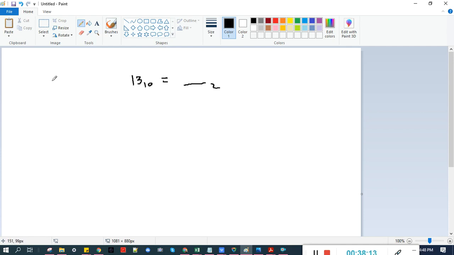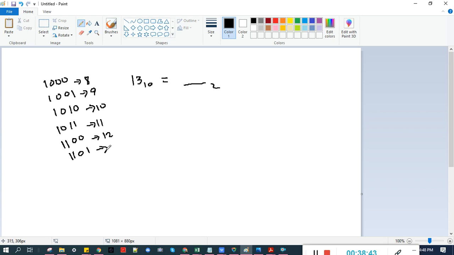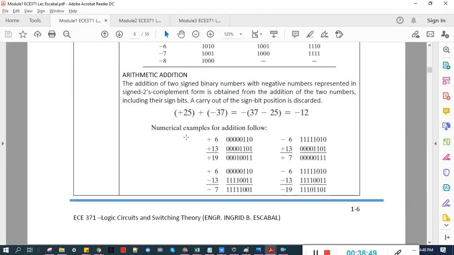We know that 1000 is 8, then 1001 is 9, 1010 is 10, 1011 is 11, 1100 is 12, and 1101 is 13.